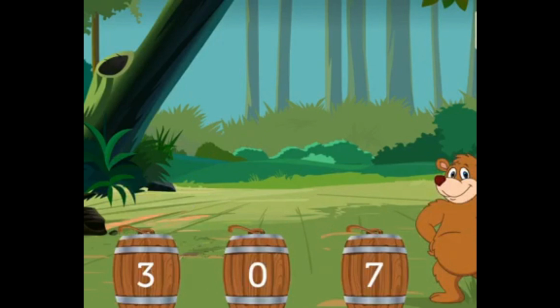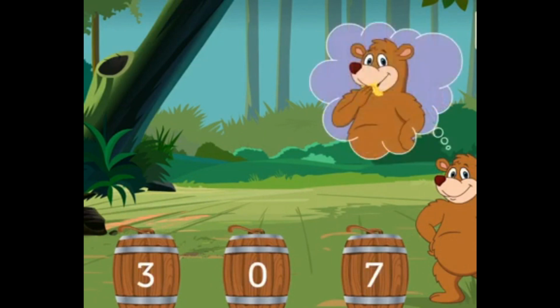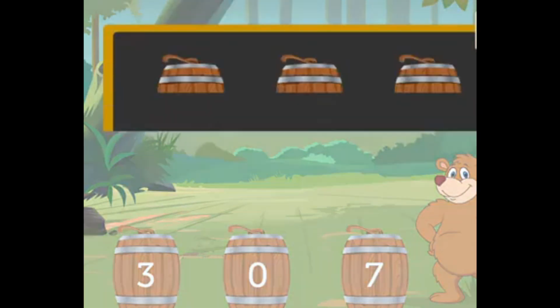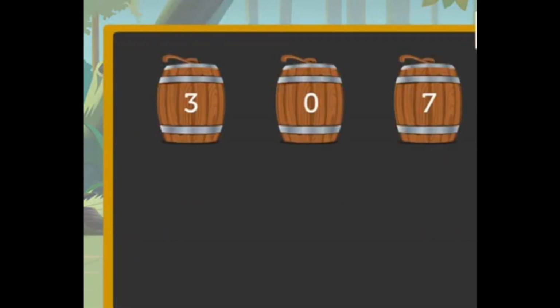Hey, look at Ben has found some barrels full of honey. Each barrel has a digit written on it. He wants to eat the honey, but to open them, he has to form the smallest and greatest three-digit numbers using the digits 3, 0, 7 written on the barrel.